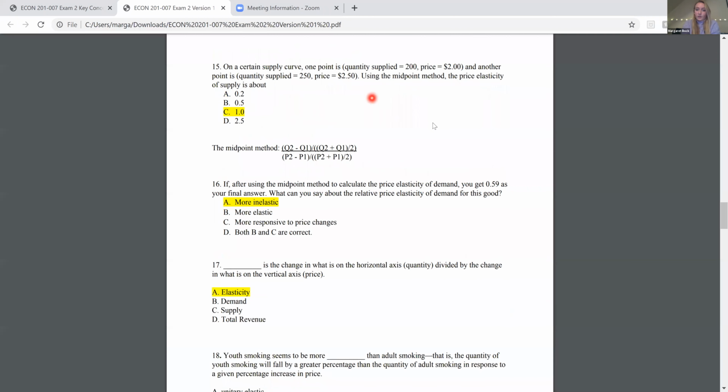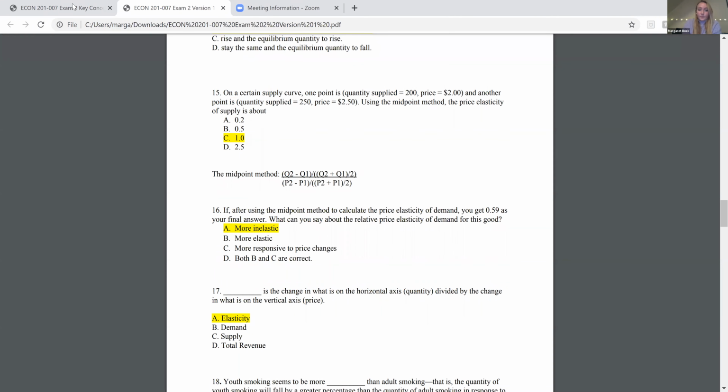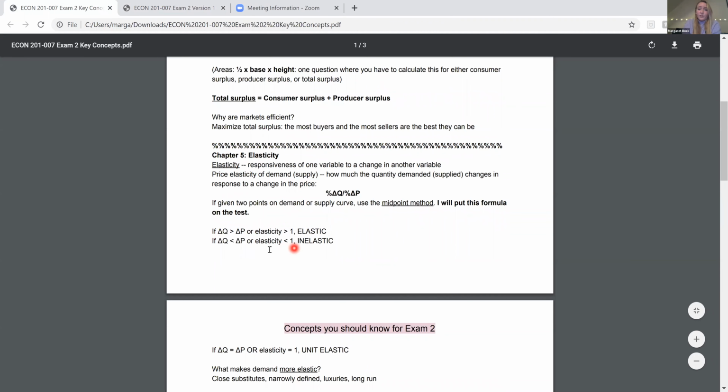So if you went through this calculation here, and your final answer wasn't 1, but it was, let's just say, 0.59, we can go back here and say that when you calculate elasticity and it's less than 1, we can say that this good or service is relatively inelastic. So basically that means that the change in the price was greater than the change in the quantity. So with this, if there's a really huge price change, the quantity couldn't change that much. So that would make it inelastic.